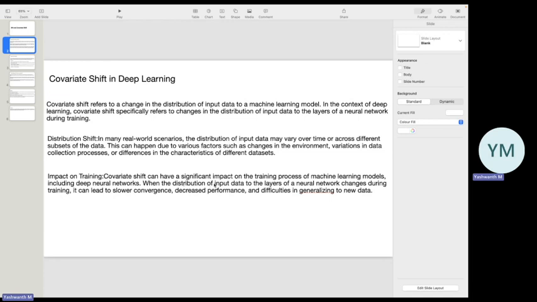When the distribution of the input data to the layers of the neural network changes during training, it can lead to very slow convergence, decreased performance, and difficulties in generalizing to new data.